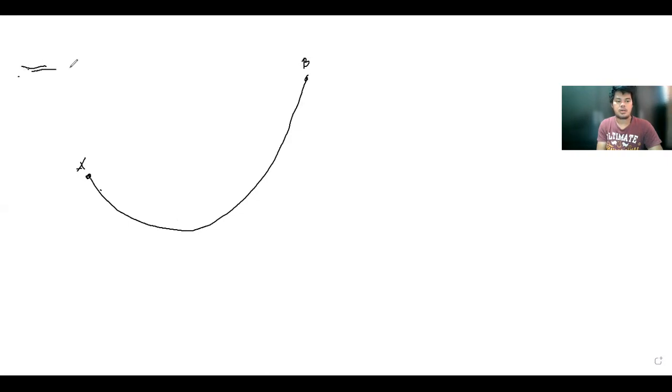So this would be 30 meters. This would be the tension at A, and this would be the tension at B, and then this would be H, the tension at the lowest point. And then other variables. So let me go back to the problem.